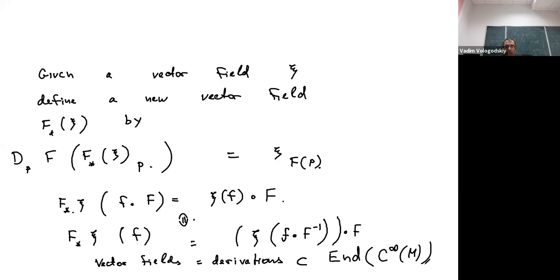Okay. So now let's apply this construction to the case when my F is a member of a one parameter family of diffeomorphisms generated by theta.